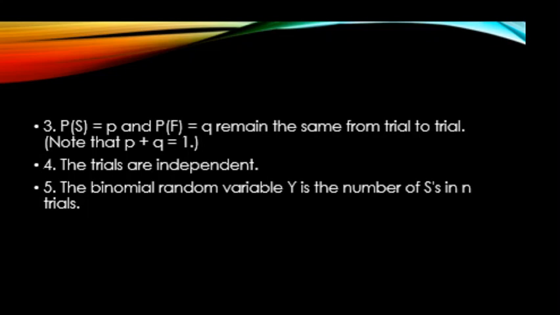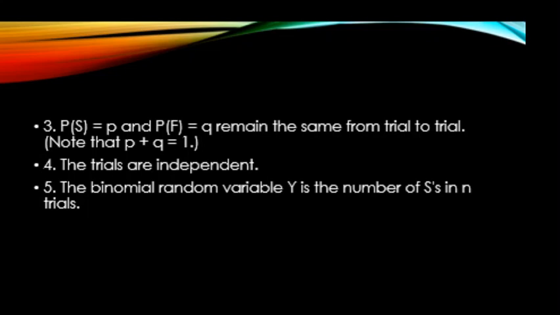Each trial is independent of each other. This is an important rule. That's what we saw in the previous chapter. If we have independent events occurring and we calculate the probability, now we are putting this together. We still have independent events, and we are trying to come up with a simplified formula to find the probability distribution.